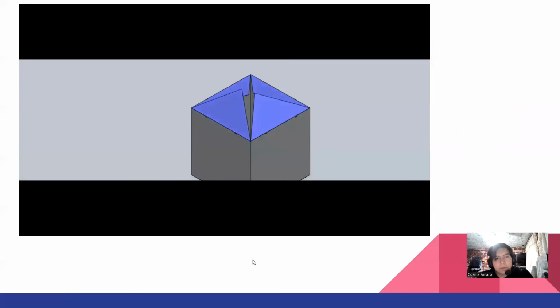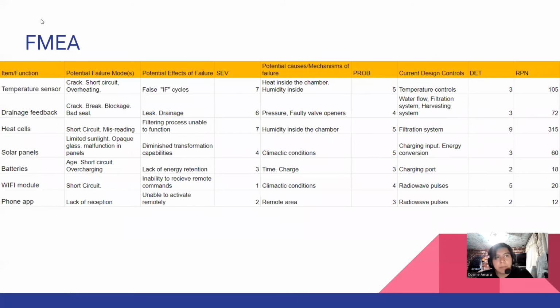Finally, for the part of the FMEA, following the function tree, we selected three functions. The first one was to determine the temperature of the box, the second is that the box is powered by solar energy, and the third is that the box can be controlled remotely.